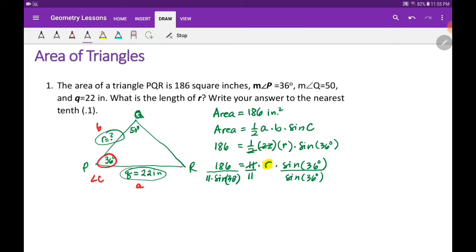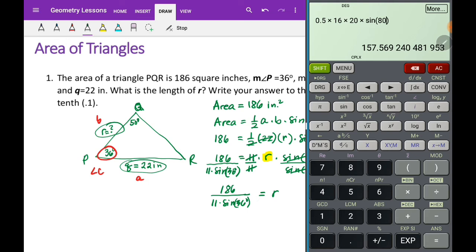So now that cancels also. So you have 186 divided by 11 times sine 36 degrees is equal to r by itself. So now we can use our calculator. If you have a scientific calculator, you better know how to use the parentheses, the grouping symbol, so that you can put it in in one go.